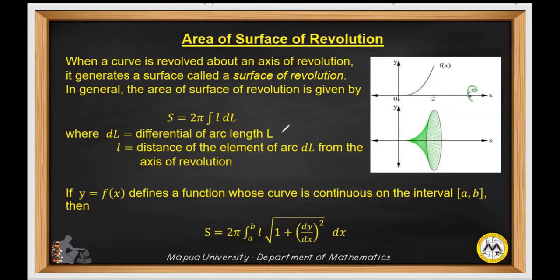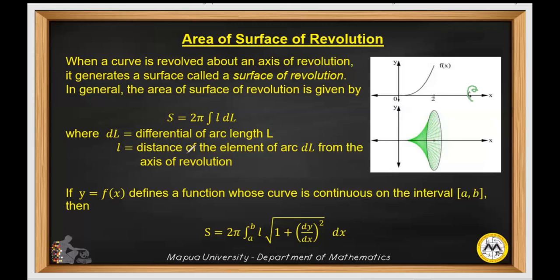During the discussion of the arc length, finding the length of the arc will depend, of course, on the given function, whether y is a function of x, or x is a function of y, or if we have parametric equations, x and y in terms of the parameter t, or if we have a polar equation, then we can use those formulas for the differential of L.